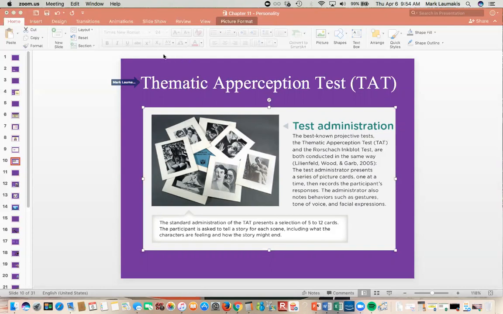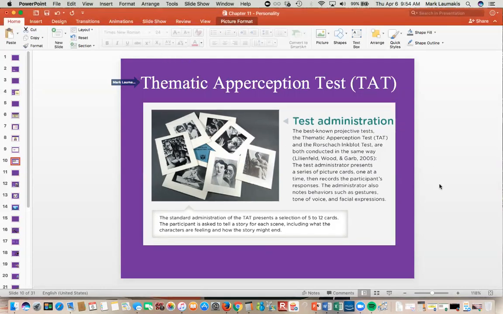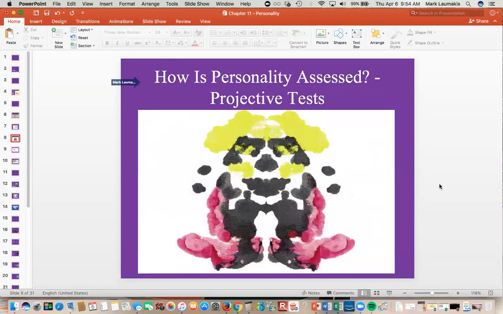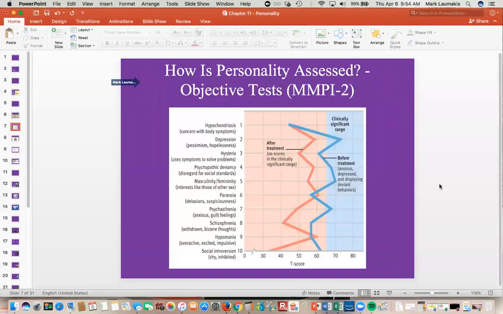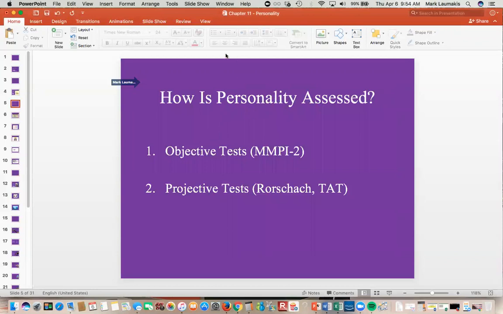Again, all of this going back to the central idea of these projective tests, which is what? That you are going to project onto these ambiguous stimuli something about your personality. Okay, that's the theory, at least, behind these projective tests. But as we said, they're hampered by problems that they have with reliability and validity. Okay?